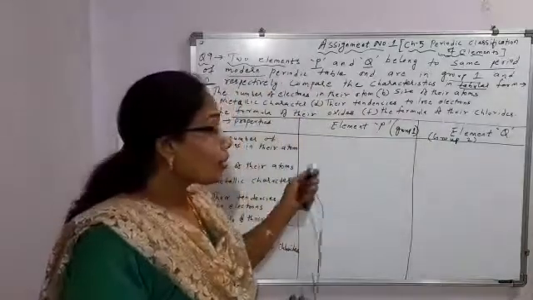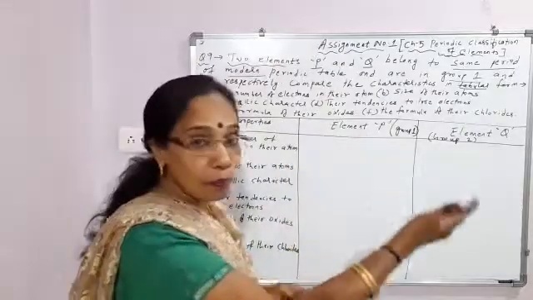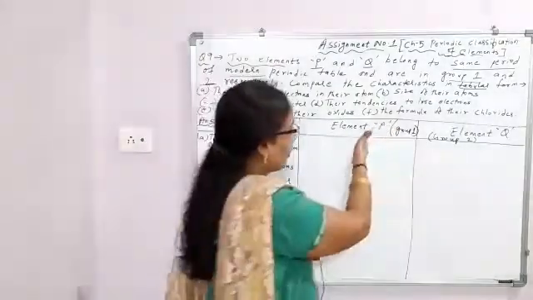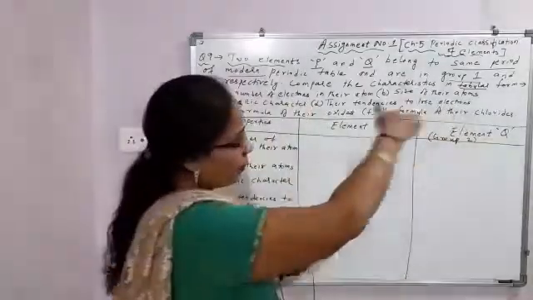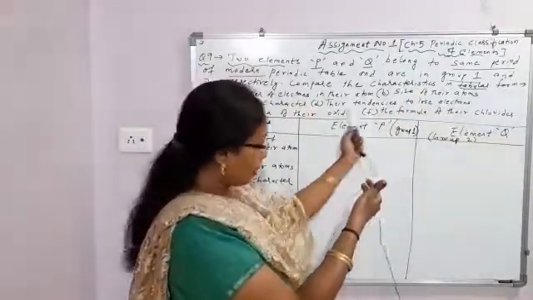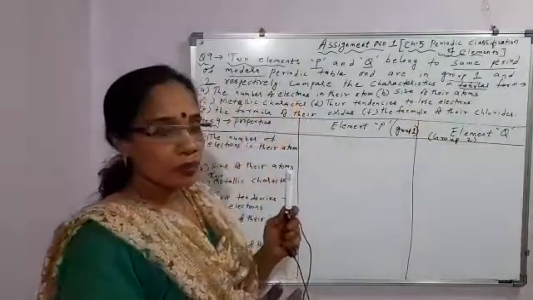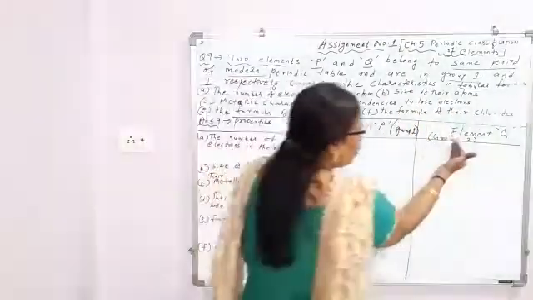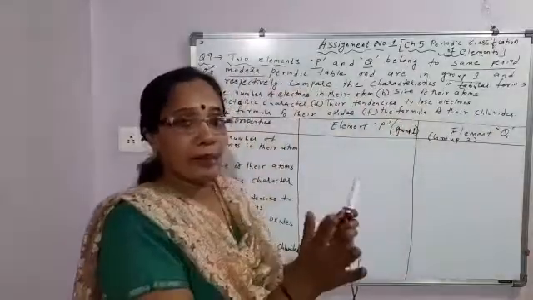But you don't know the atomic number of the element. You only know these two elements belong to the same period, and element P is in group 1, element Q in group 2. So same period means this is the element on the left side and this is the element on the right side. So element Q will have 1 electron more because the number of shells is the same.